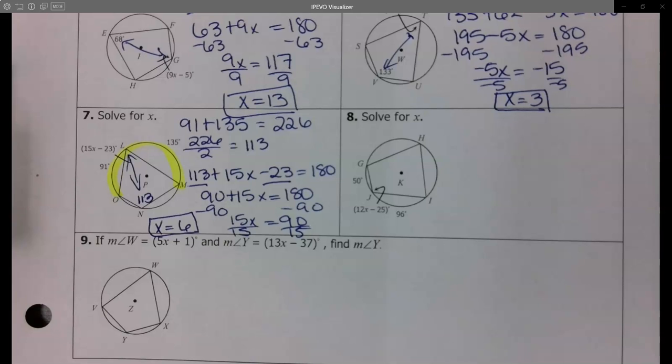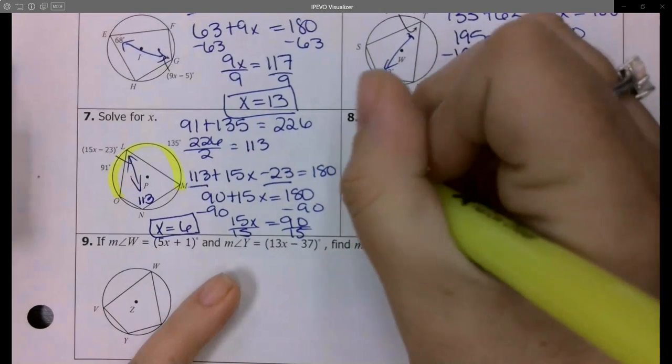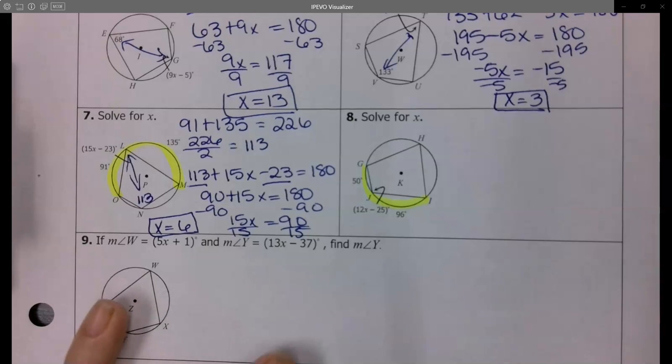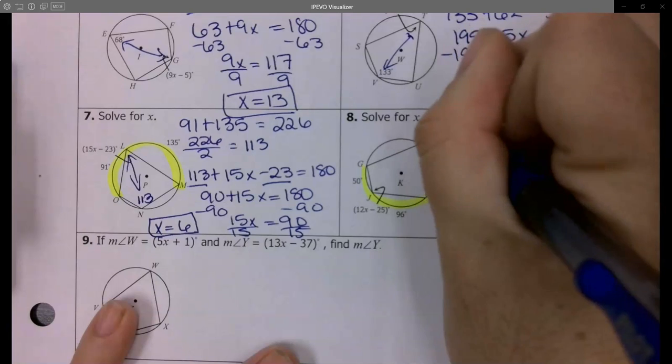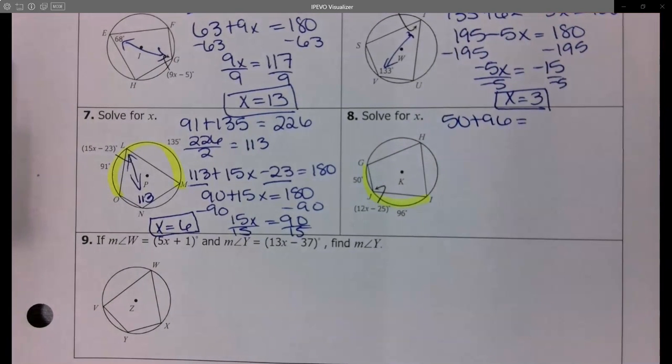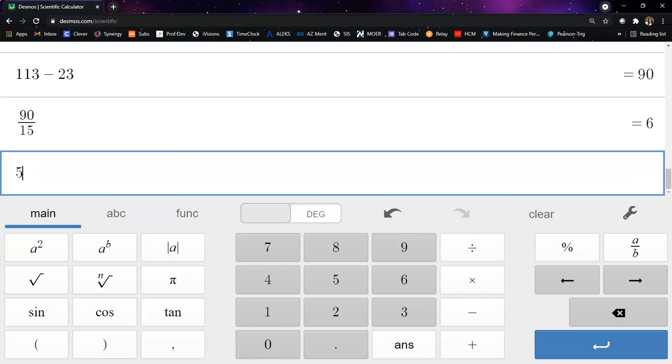Okay. So number 8 is going to be the same way. I need to first find the angle measure for H, and I know my arc measures for GJ and JI. So when I add those together, I have 50 plus 96. Ooh, 50, not 500.